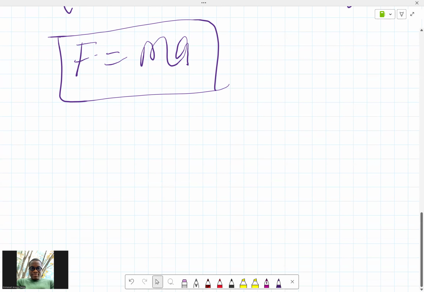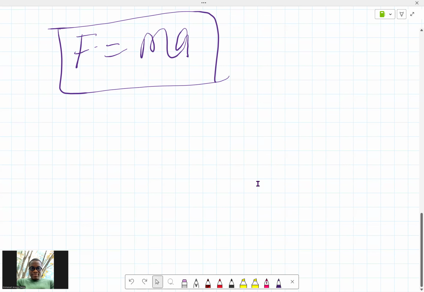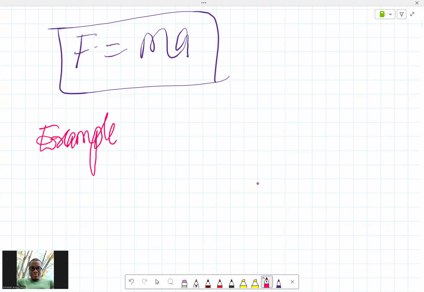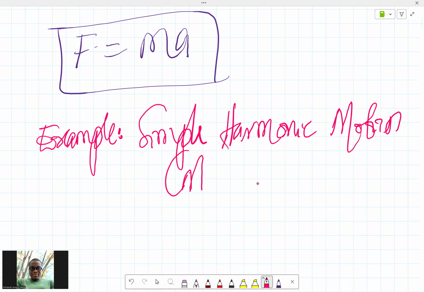And we have a very good example of this with simple harmonic motion, which looks at the mass spring system, for instance.